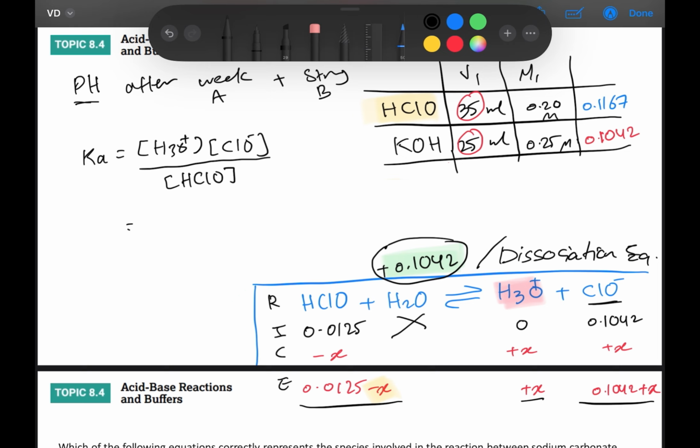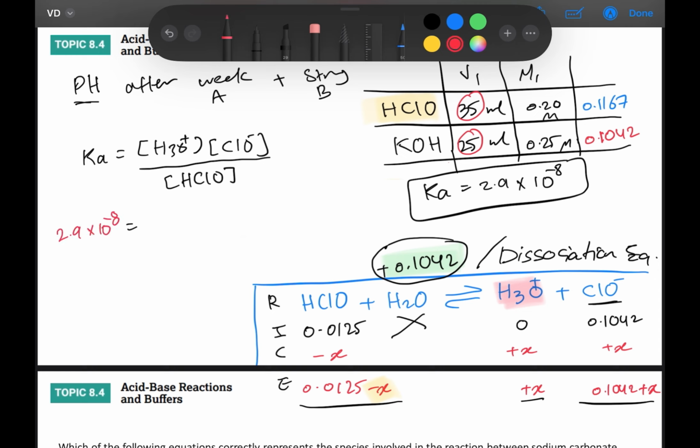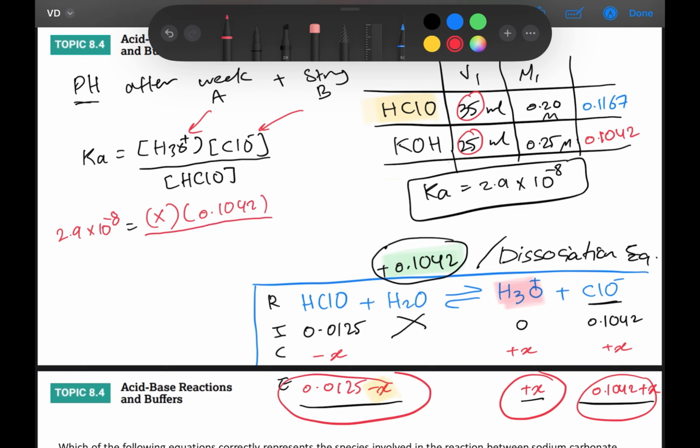The value of Ka is given to us, and it's equal to 2.9 times 10 to the power negative 8. You can see this is a very weak acid. The H3O plus is equal to x. The concentration of ClO negative is 0.1042, neglecting the x as we said, and you divide it over the concentration of HClO, 0.0125, again neglecting the x.